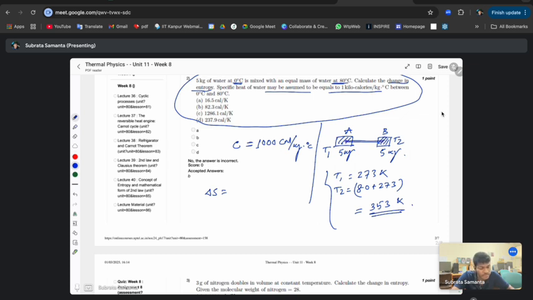Here your temperature changes. So first you calculate the final temperature Tf, or the average temperature. What is the average temperature for these two?